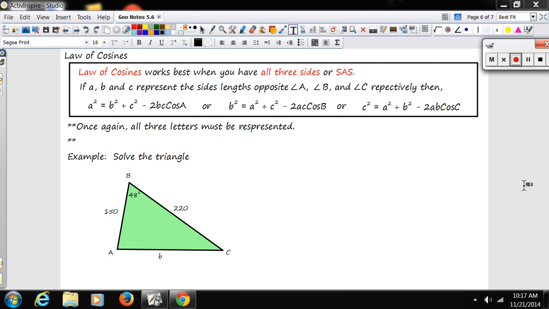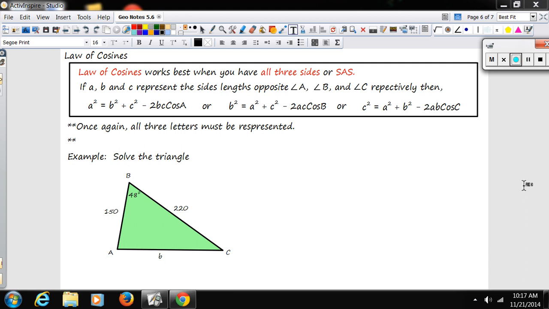Now the question is, when do you actually need the law of cosines? Now you remember yesterday when we're using law of sines and I asked you where should we start? We always look to see which letter had both values, right? If we had angle A and little a, we could use that fraction.